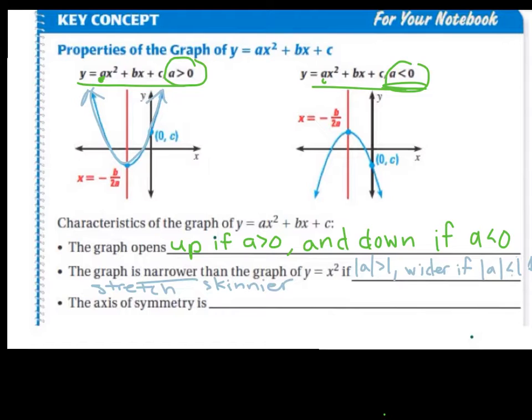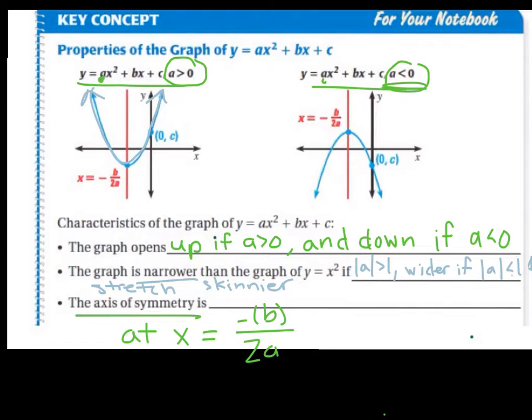And then the last one is the axis of symmetry. And that is above there, so this is just sort of repeating. But the axis of symmetry goes through the x value, so it's at x equals whatever that value is that you find when you take your negative b value and divide it by 2 times your a value.